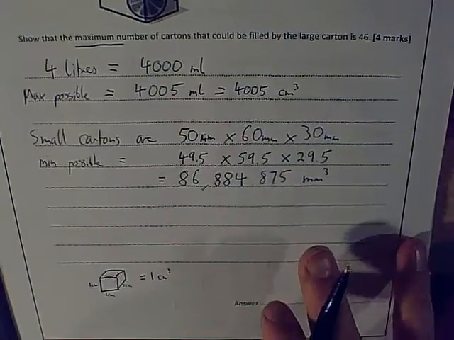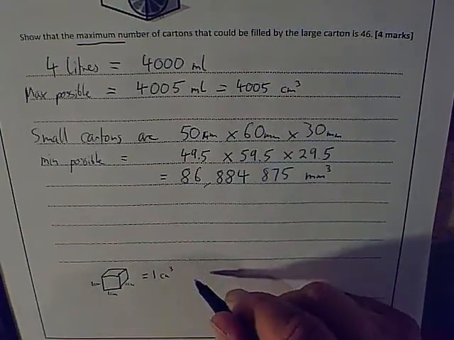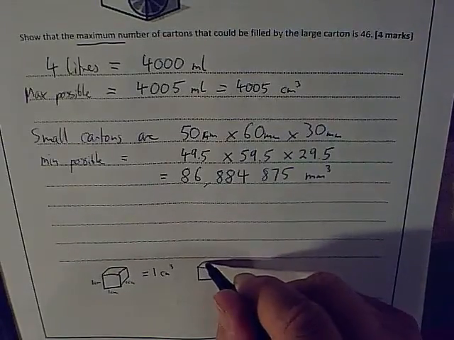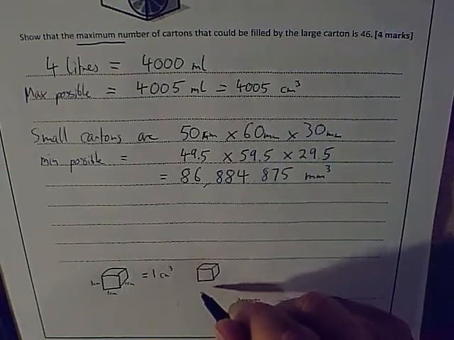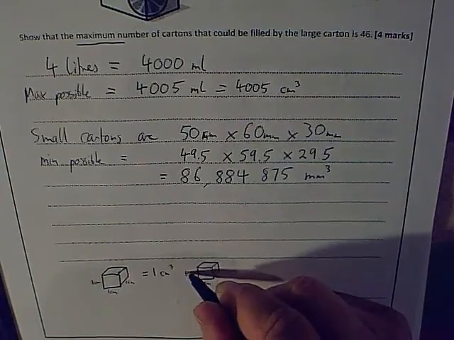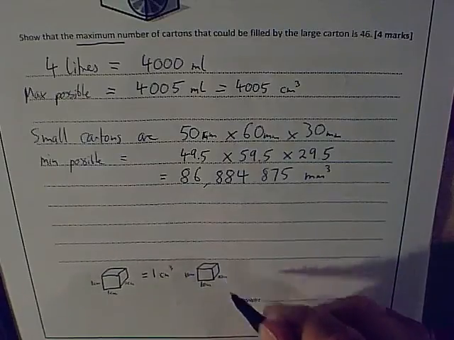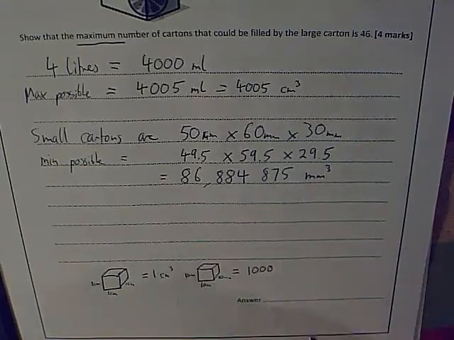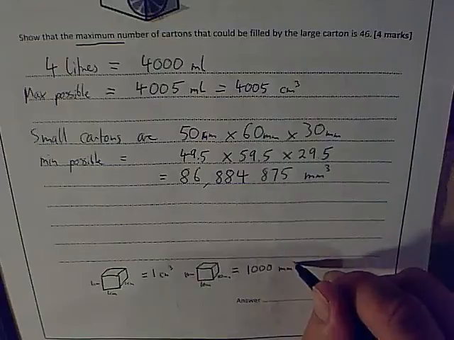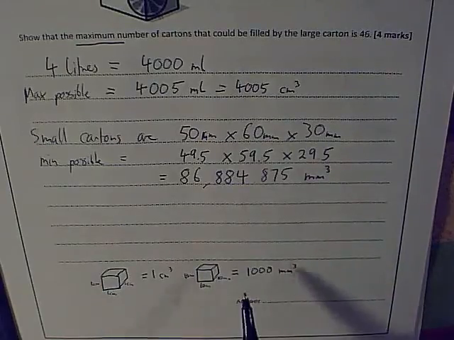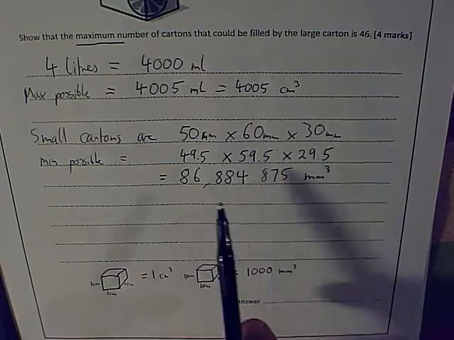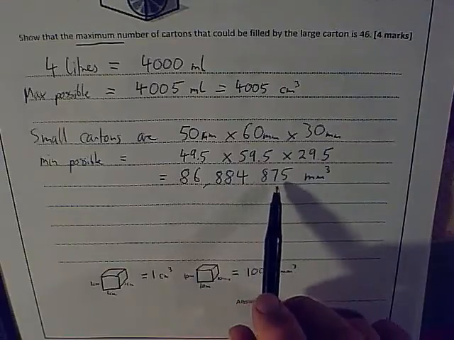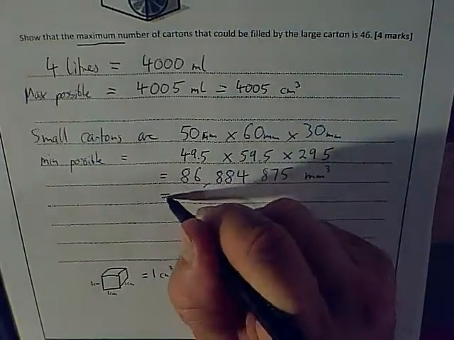Now the exact same cube in millimetres is 10 millimetres by 10 millimetres by 10 millimetres, which is 1,000 millimetres cubed. So I can see that to convert, I need to divide by 1,000.